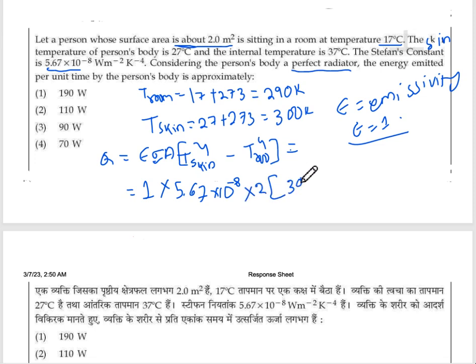Now it is 300 to the power 4 minus 290 to the power 4. It's a lengthy calculation. If you solve it, you'll get 116.5 watt, which is nearly 110 watt. So the answer is option 2.